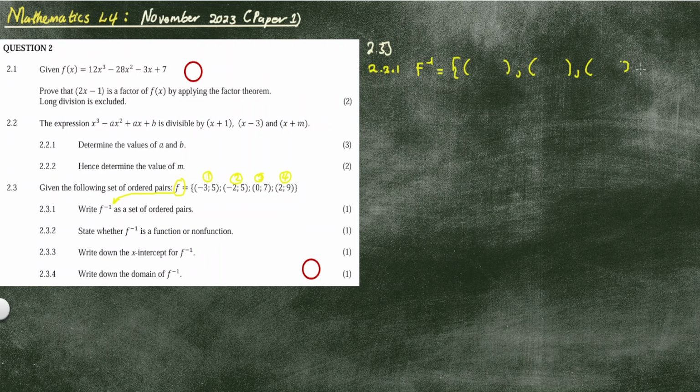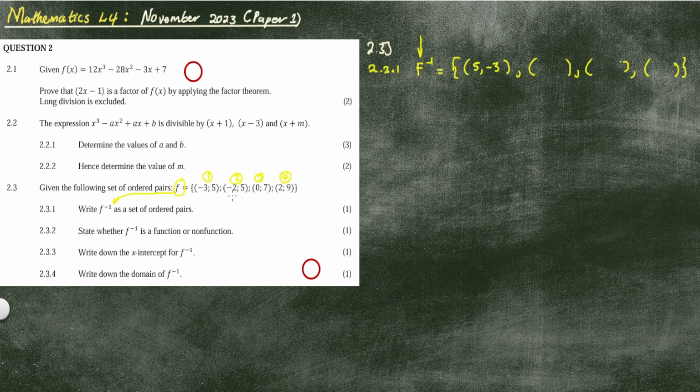Let me just write the points down for now. Alright, so this is what we have. Now the original function has minus 3 as the x value and 5 as the y value. So the inverse function is going to be 5 and minus 3.